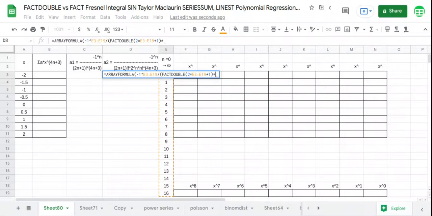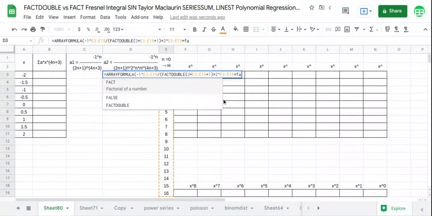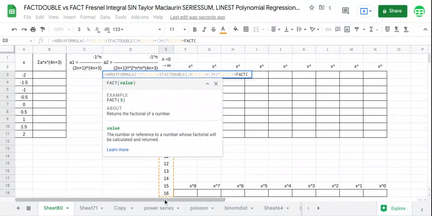The second part times 2 to the power n. The third part times factorial n, so factorial of n.